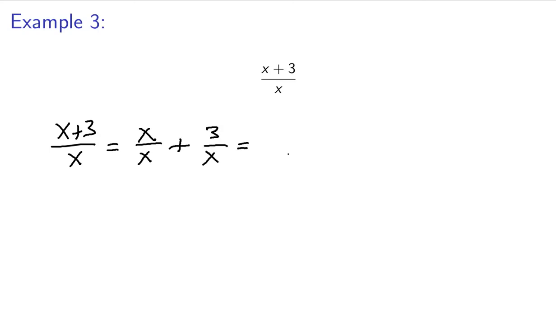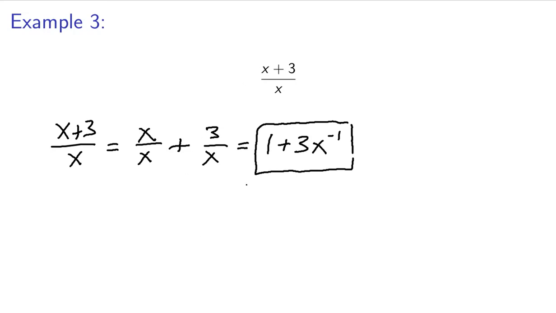This x over x is the same thing as 1, and 3 over x is the same thing as 3 times x to the negative 1. So this is the expanded form of this fraction.